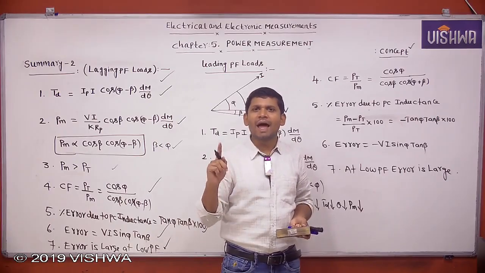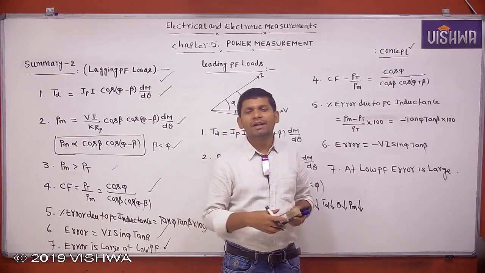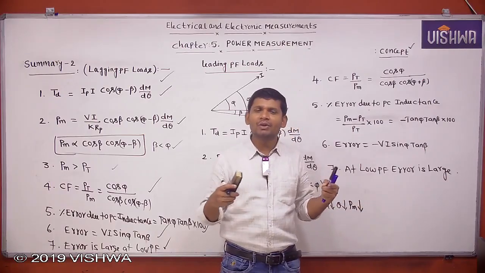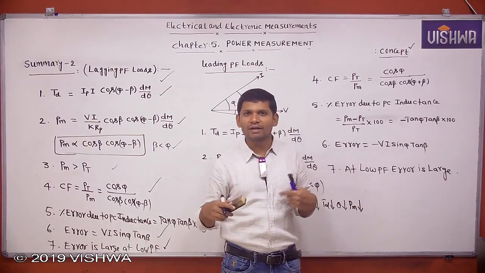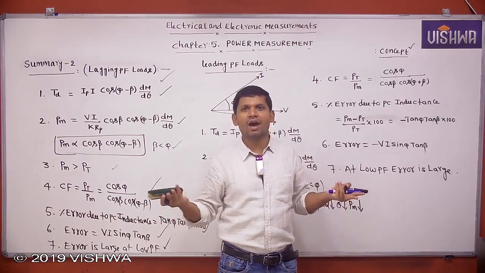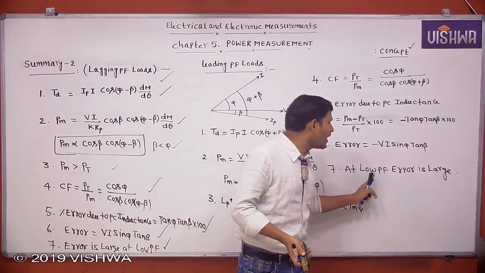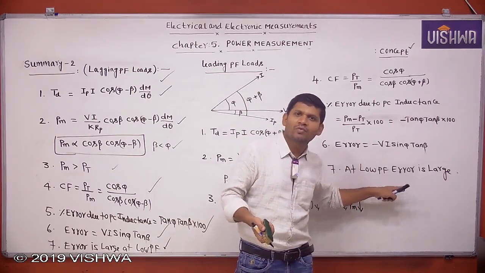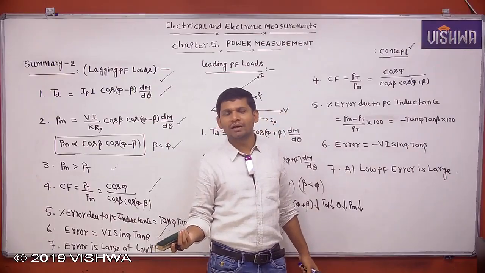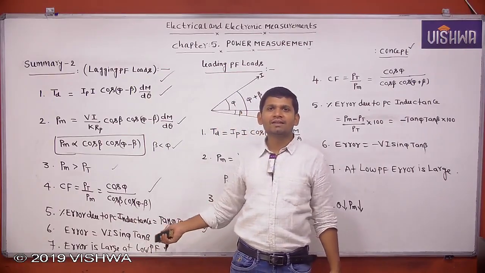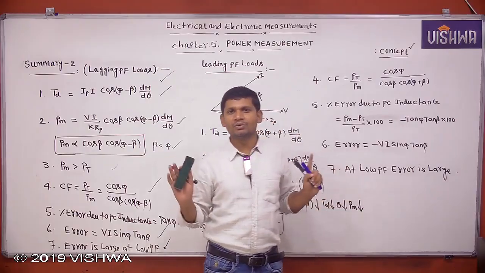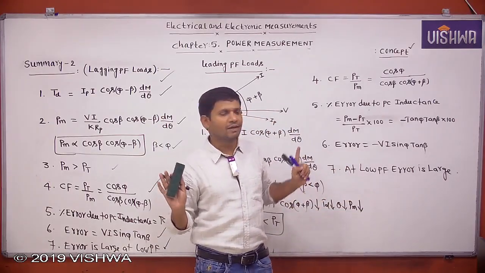Both are same, but lagging indicates inductive load. Leading indicates capacitive load. Both the magnitudes are same, na? Both are low power factor. At low power factor, error is large. Okay, that's why at low power factor, error is large. It may be lagging power factor or it may be leading power factor. The only difference is here error is positive, here error is negative. That is the only difference. Clear? Understand? Quick note down.